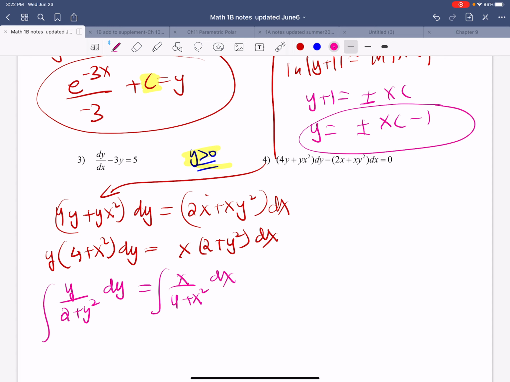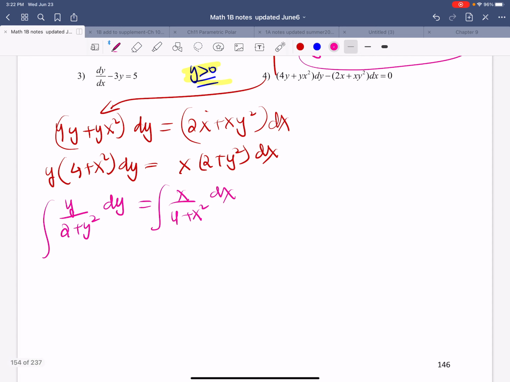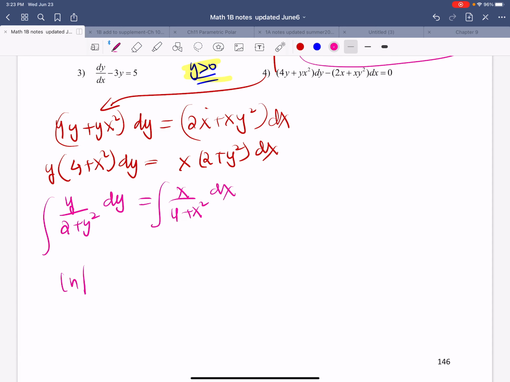Go ahead and integrate both sides. This is going to leave me with natural log of... I can do the u substitution here because the derivative of the denominator is sitting in the numerator. You can write this separately on a different piece of paper and evaluate it, but I already know that in order to use natural log of u, calling my denominator u, I need to have the derivative of the denominator sitting in the numerator.